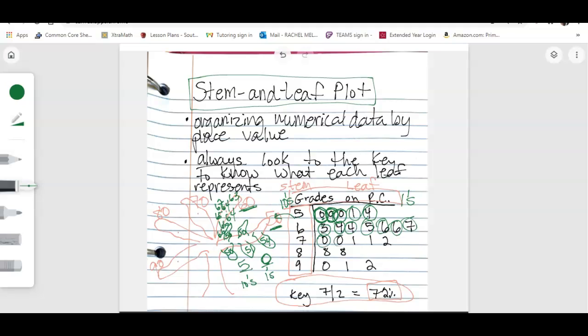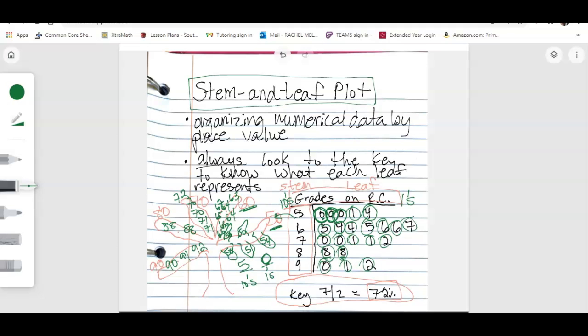So I see I have two 70s, two 71s, and a 72. Down here on the 80s, I only have two leaves this time, and they're both 88. And then on the 90s, I have three leaves. I have a 90, a 91, and a 92.